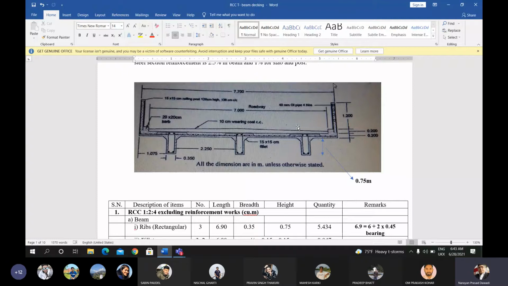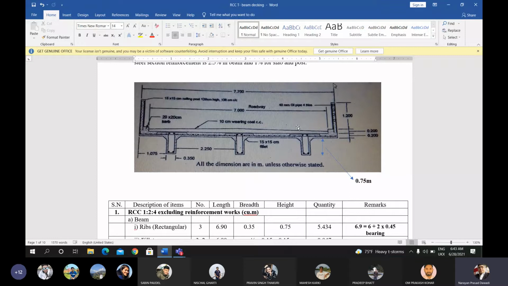Okay, so we have to calculate the pipe length. Generally, pipe is described by the diameter of the pipe and measured in terms of length. So we have to calculate the total length of the pipe required for the railing purpose. There are 4 numbers of pipe required.